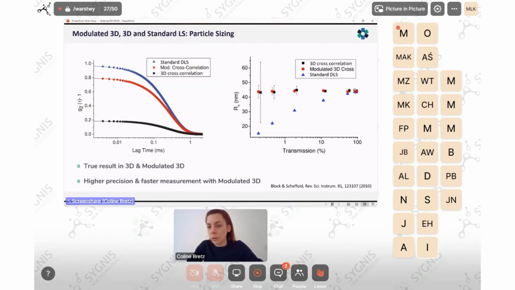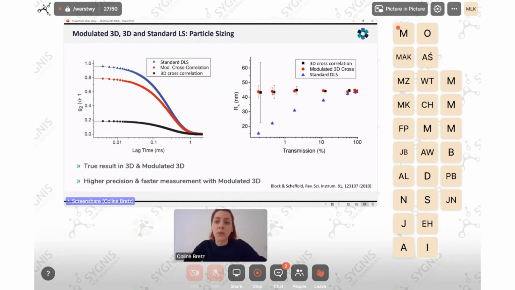However, as we increase the concentration, so we decrease the transmission, you see that the size detected by standard DLS is completely inaccurate. We're going to see errors up to 60%. When we use 3D dynamic light scattering, you see that the size that you measure stays the same across the transmission measured, so across the concentrations measured.